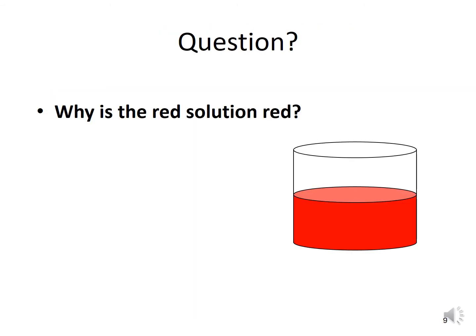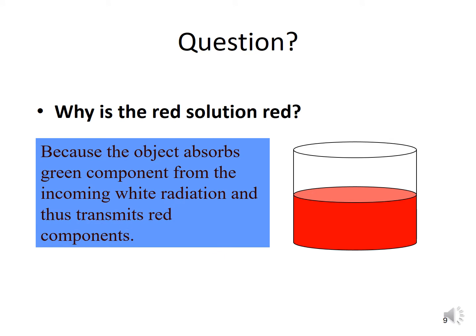So why is the red solution red? In this case, because the object absorbs the green component from the incoming white radiation and thus transmits a red component. So in this question, you can see that it transmits the red component. That's why you can see it is red.